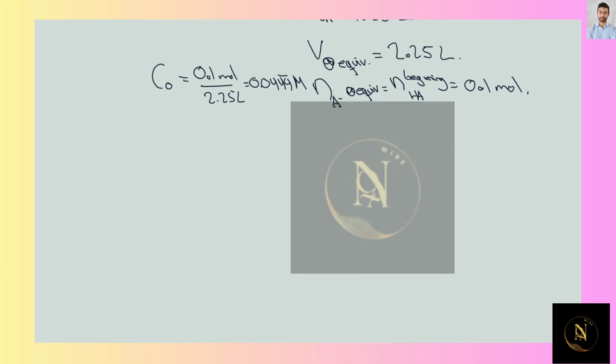We know that our x is going to be the square root of Kb times C0. We know the value for C0, and the only thing that we are left with is finding Kb for the different acids. So remember that Kb is going to be equal to Kw divided by Ka. Kw is 10 to the minus 14. So we're going to do this for the 3 different acids.